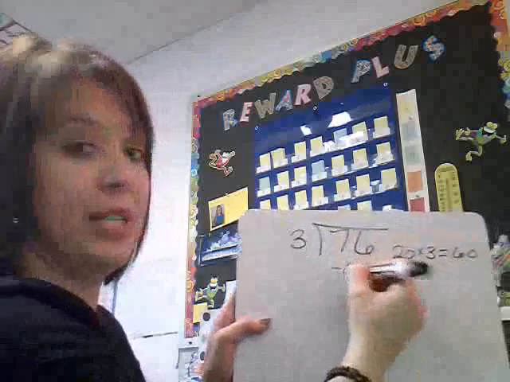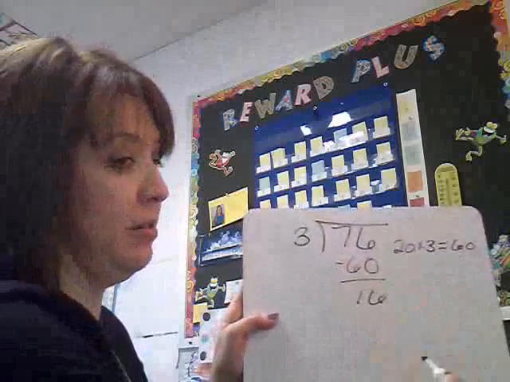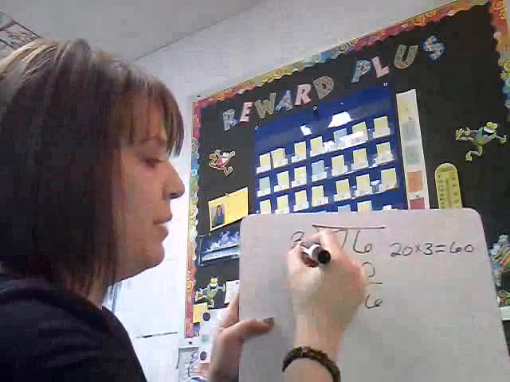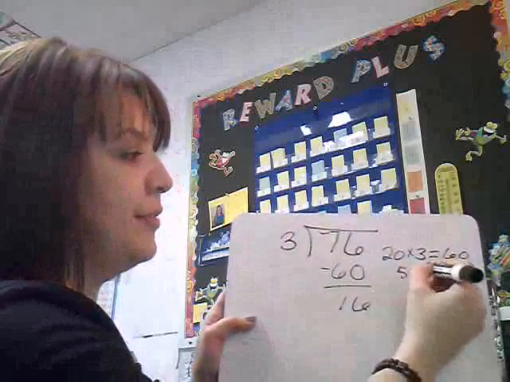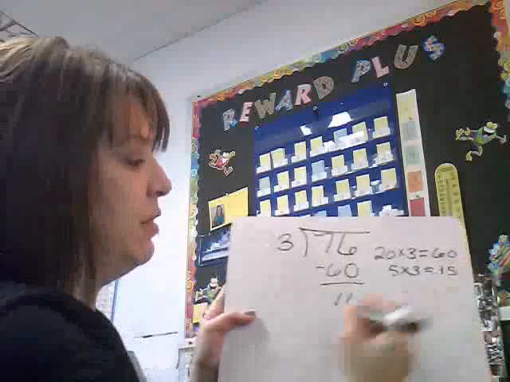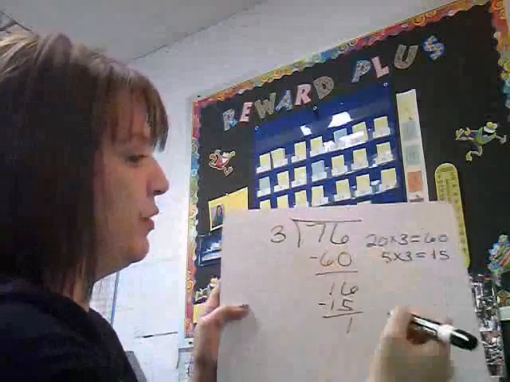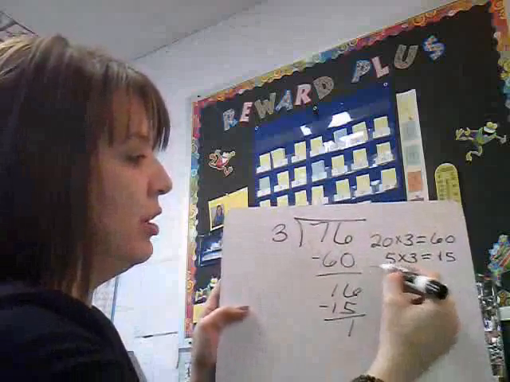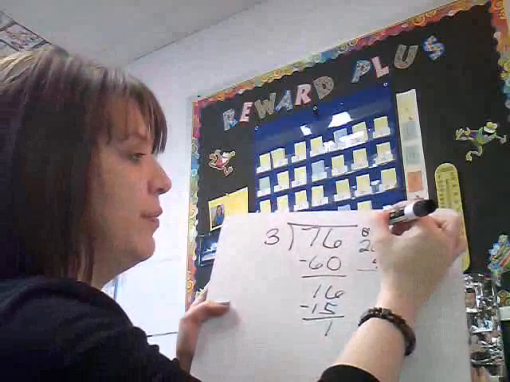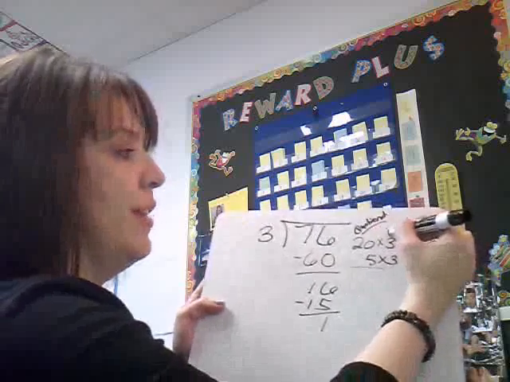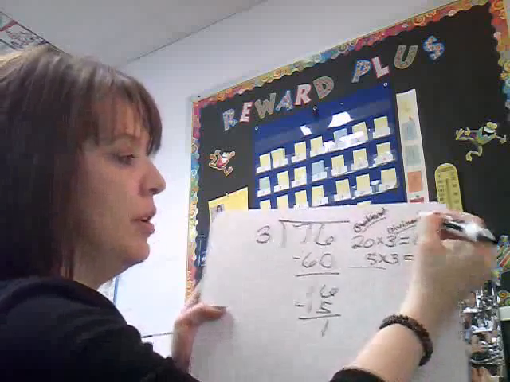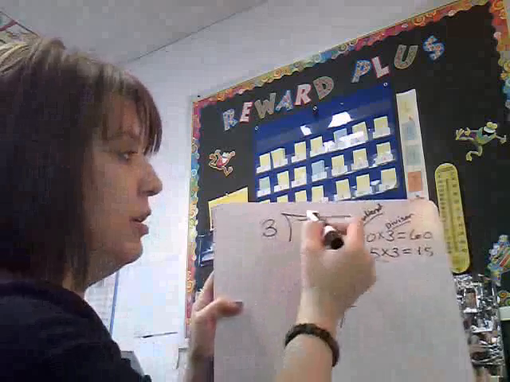Okay, so to get their answer from this, I'm so sorry, I can't figure out how to hold the board. You say 10, 20, 21, 22, 23, 24, 25, 26, 27, 28, and the remainder was 2. So our answer would be 28, remainder 2.